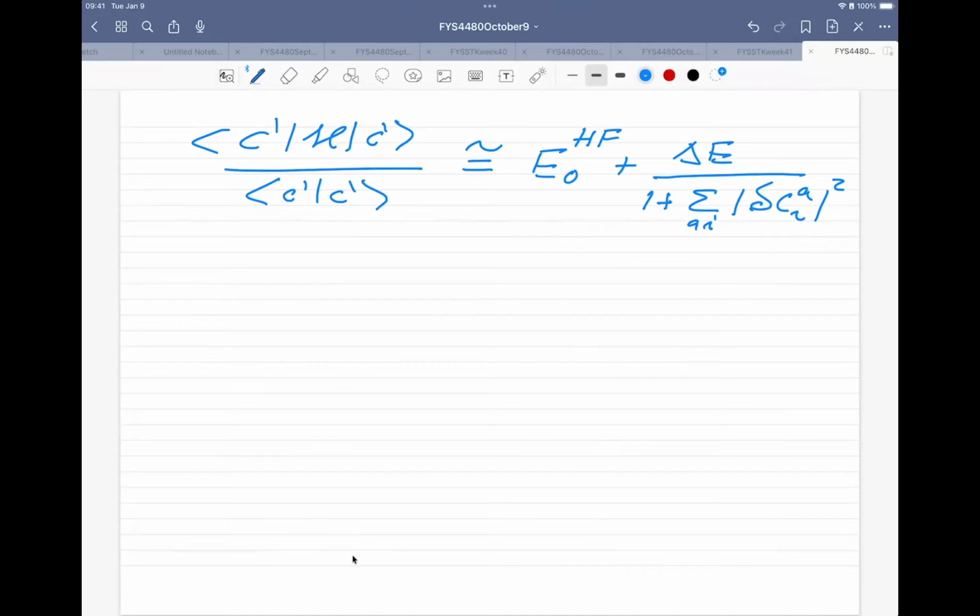And in all the variational calculations, which you probably have encountered in different courses, you would normally always truncate the expansion at the level of the coefficient delta C squared.